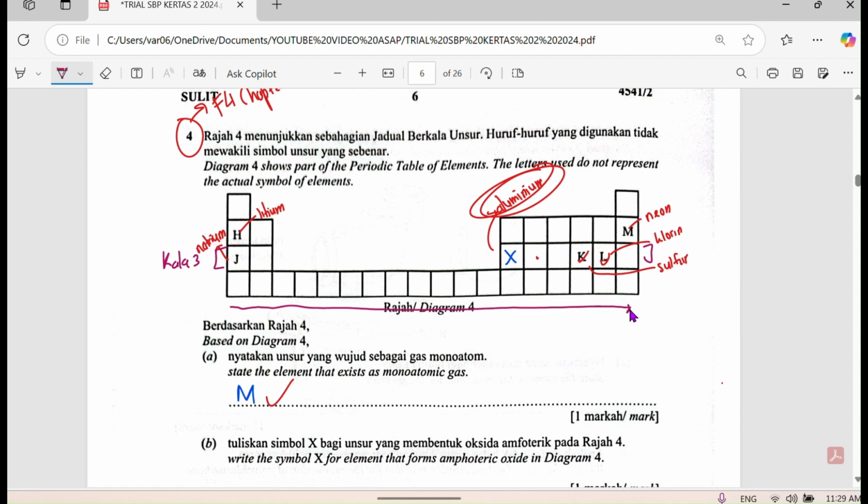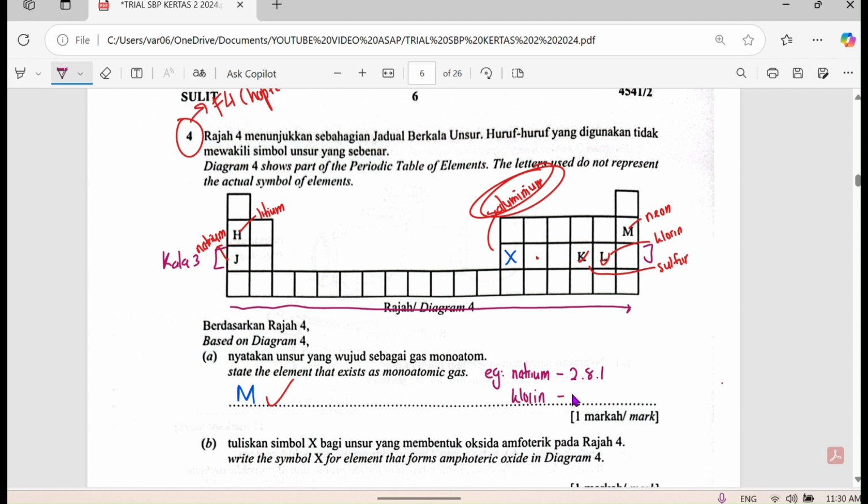So as you move left to right, the basic difference is that the bilangan proton and the bilangan elektron bertambah. Agree with me? Okay, example. Natrium, which is sodium, consists of 11 electrons, 11 protons. Atom natrium, okay? What else?